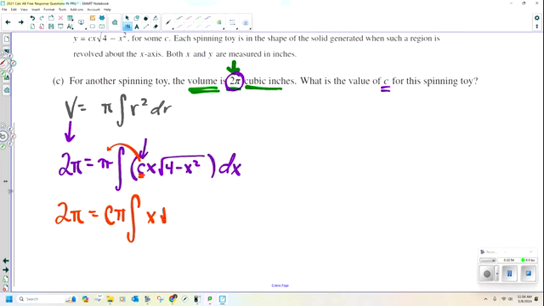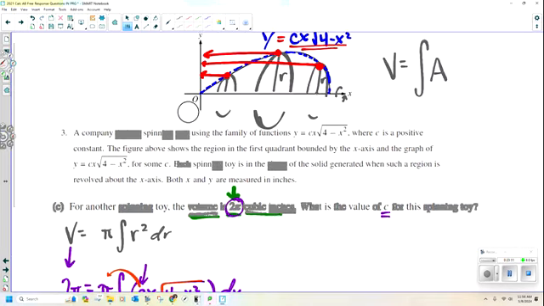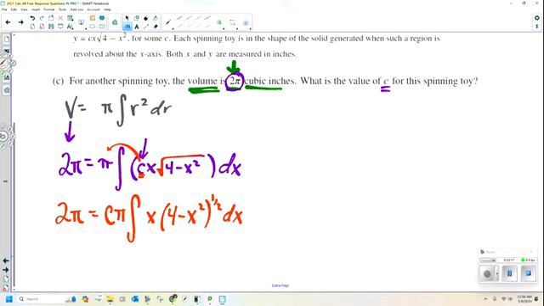It's going to be x times the square root, well, we'll change this square root to a 1/2, 4 minus x squared to the 1/2 dx. Now, the bounds, they haven't changed. Again, in part A, we figured out the bounds, we already did this work. It goes from 0 to 2.